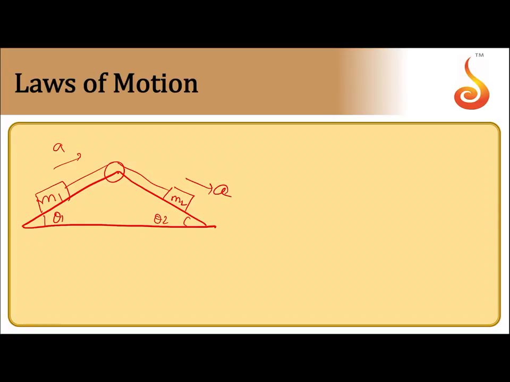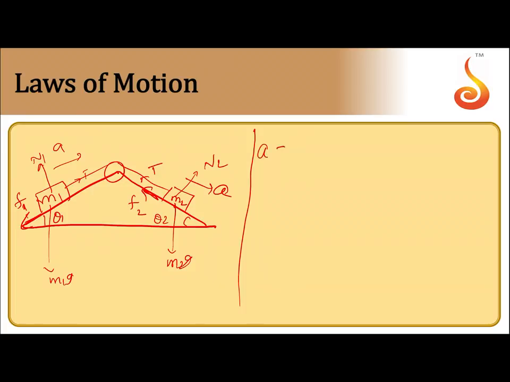If we consider the forces, you will have m1g, tension, N1, force of friction, m2g, N2, tension and force of friction. This is F1 and this is F2. So, upon simplification, you get the following result.